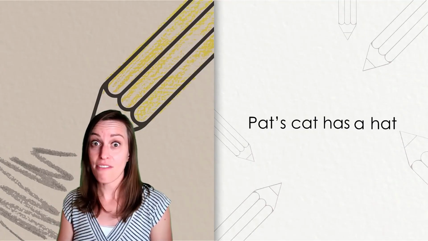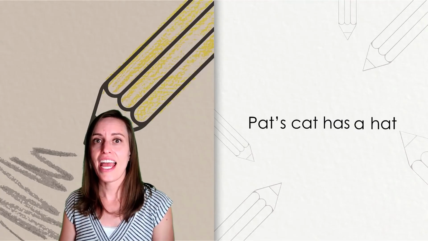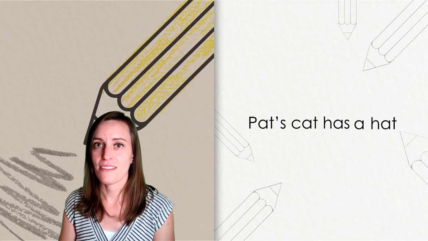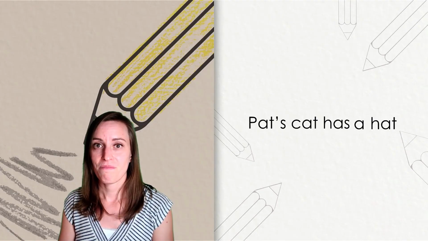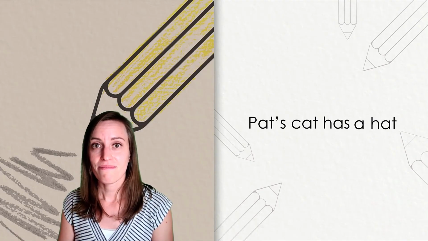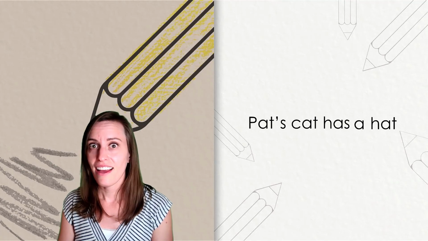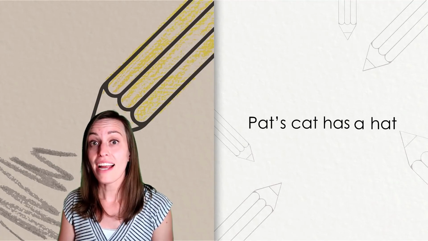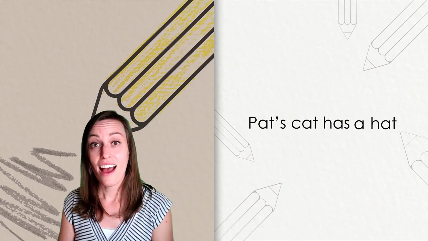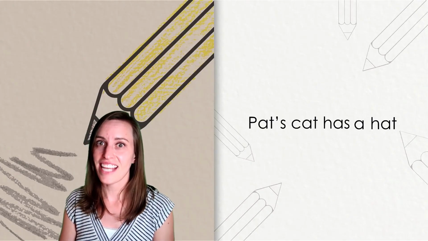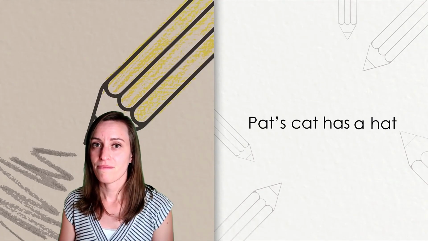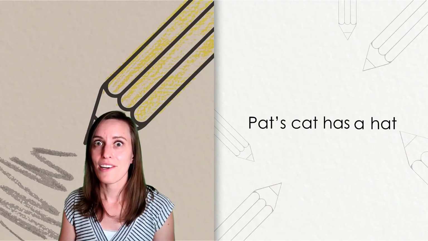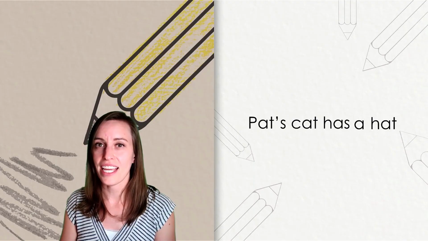Go ahead after you leave a space and add the word hat to your sentence. And then a lowercase a. Pull back and around, up and down. And finally, go ahead and add that lowercase t.